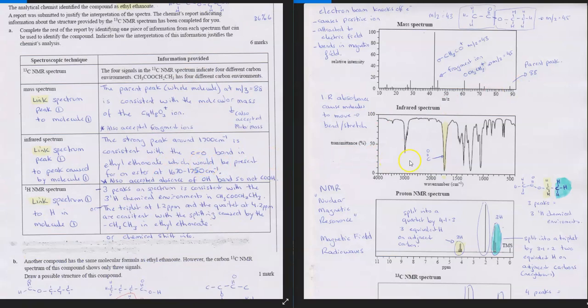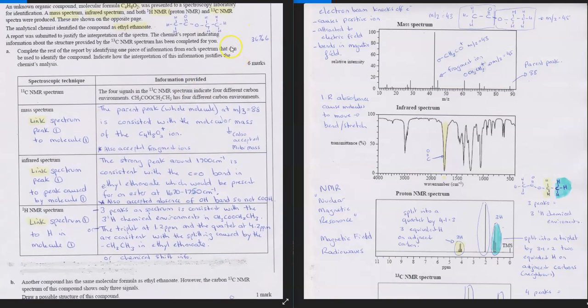The infrared: we've got our peak here, around 1700. So you've got a strong peak, and you need to label that it's this strong peak. It is consistent with the C=O, the carbonyl peak, in the ethyl ethanoate, which would be present for an ester.